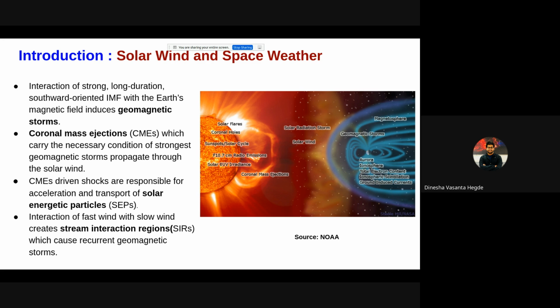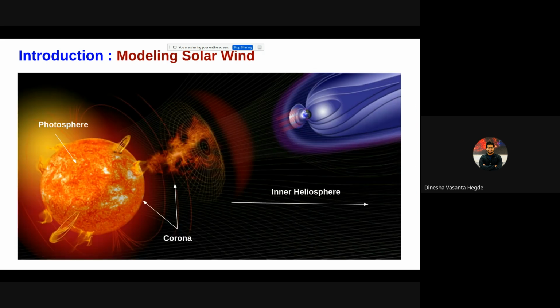So if we get the solar wind correct, then all other transients can be modeled better. This is an essential part of space weather, and this is just the motivation to study solar wind. But where are we in terms of modeling the solar wind?